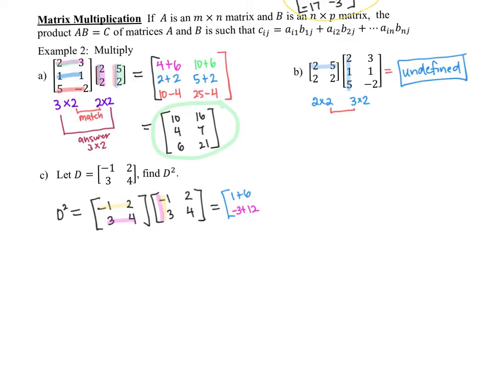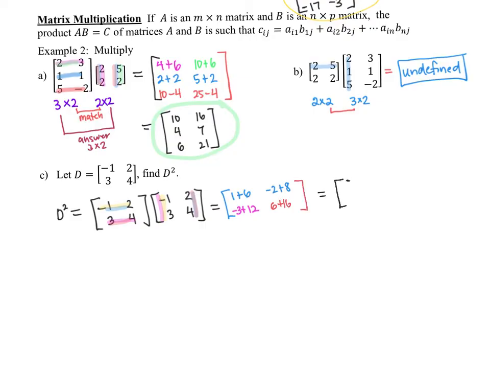Okay, now what do I need to do? Row 1, column 2. Negative 2 plus 8. Row 2, column 2. Okay, I just need that one step.